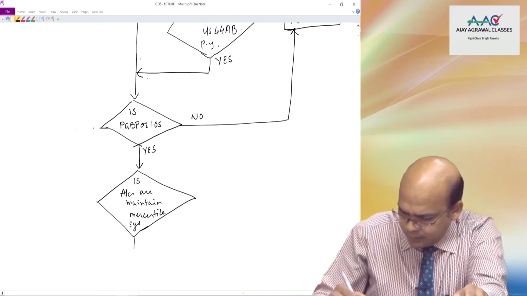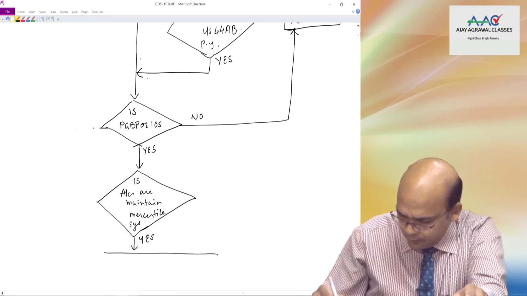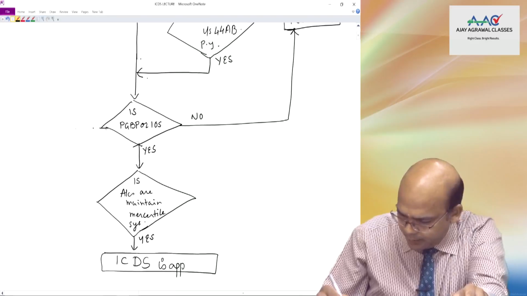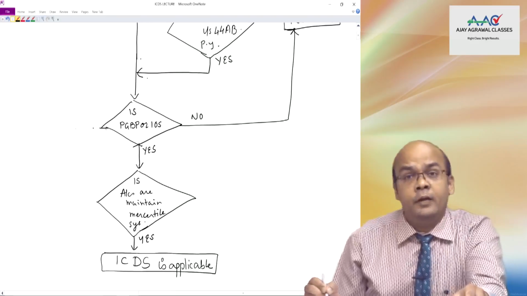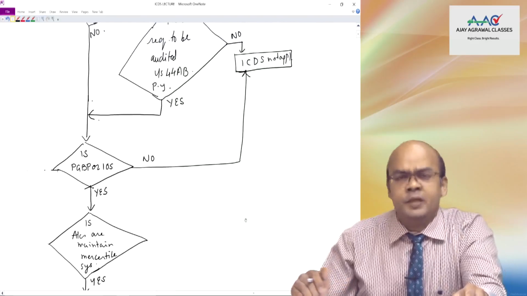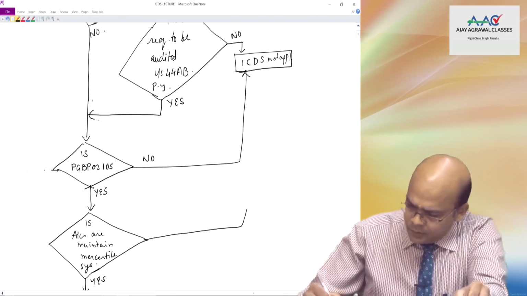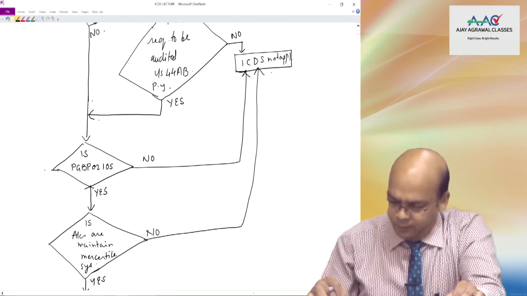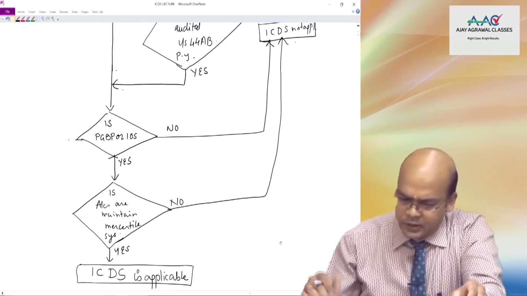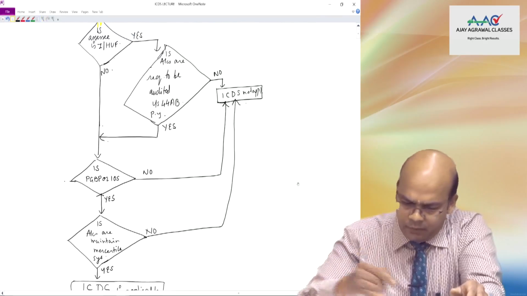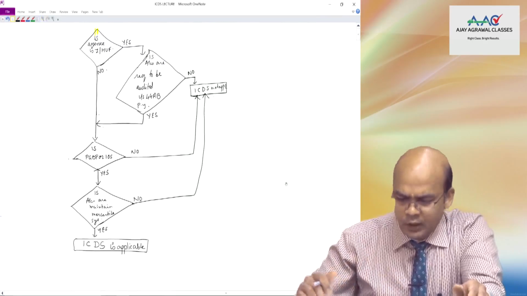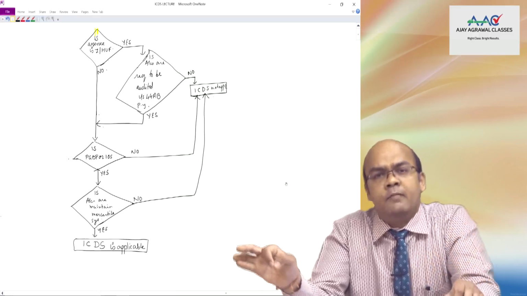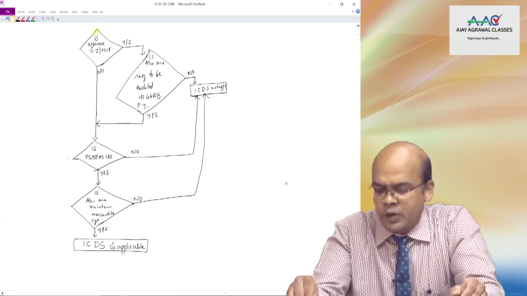If the answer is yes, ICDS is applicable. But if the answer is no, then ICDS is not applicable. Fine. Now, a few points I will discuss further. I will give you time to write, but first understand it. Even if you are not willing to write, I will make you write, because ICDS is very important. It has been made applicable from AY 2017-18. Now a few further points which we will discuss here.